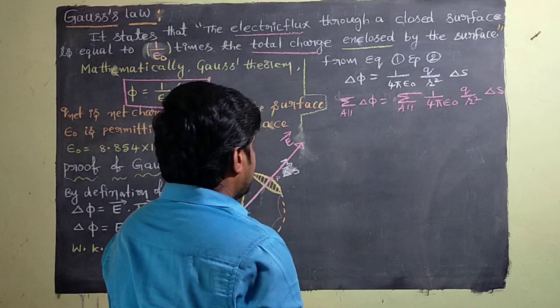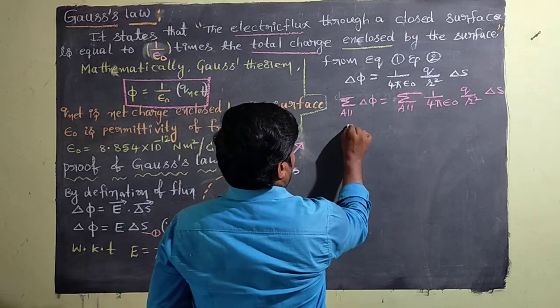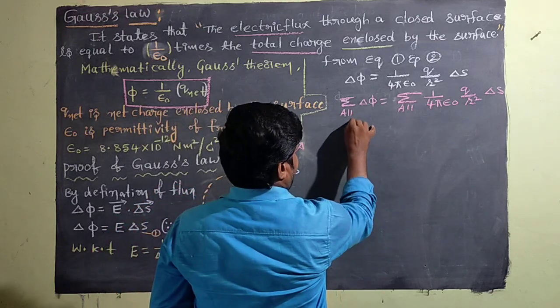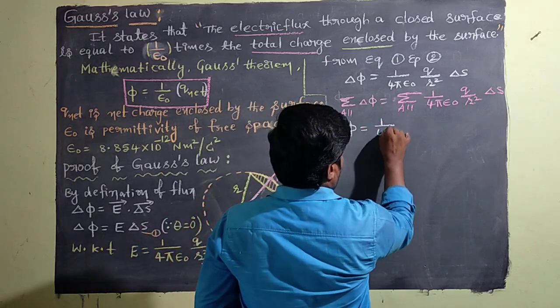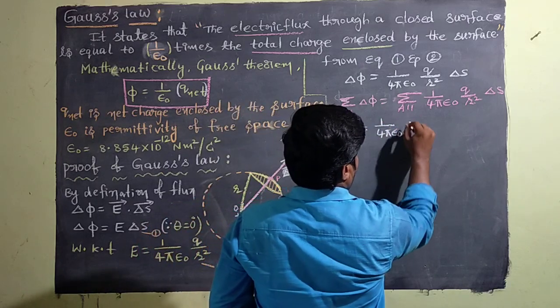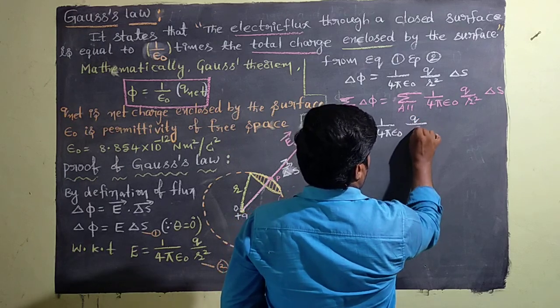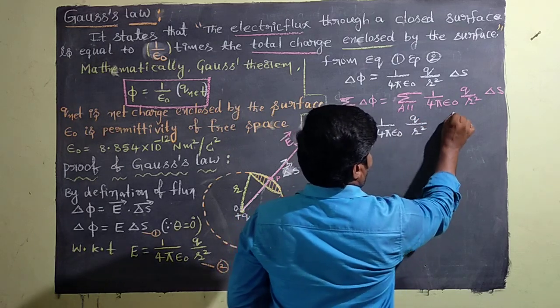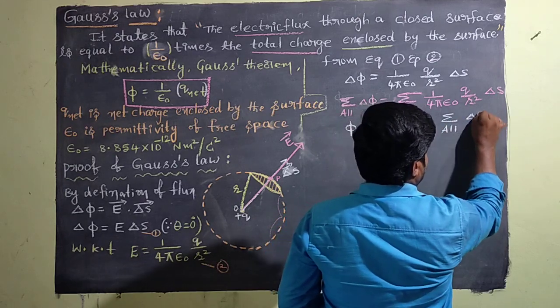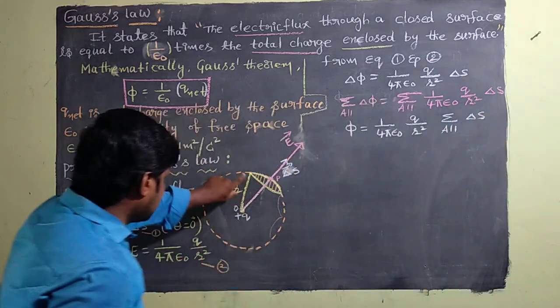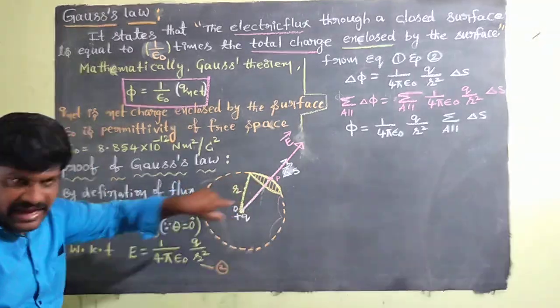Now this is the total flux, so capital phi is equal to 1 by 4 pi epsilon naught into q by r square, times the summation of all the area. Delta S means all the area. What is the total area? That means all the area of the sphere.